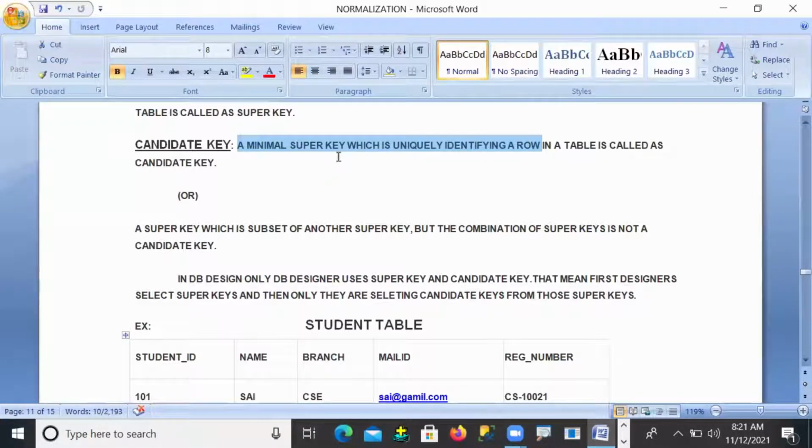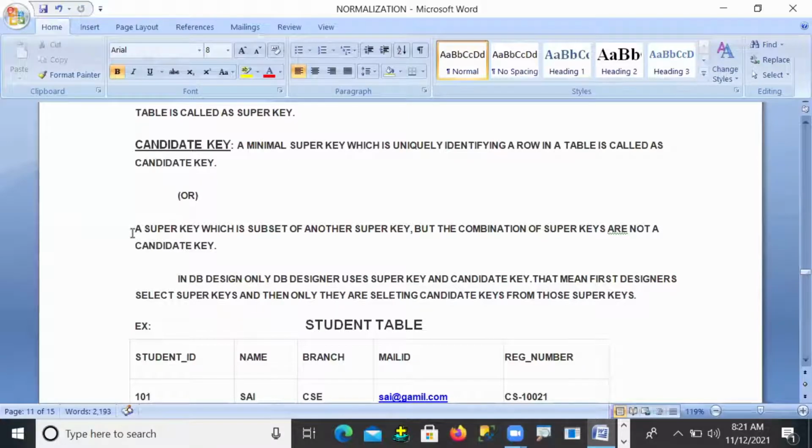But the very important point is, the combination of super keys is not a candidate key.